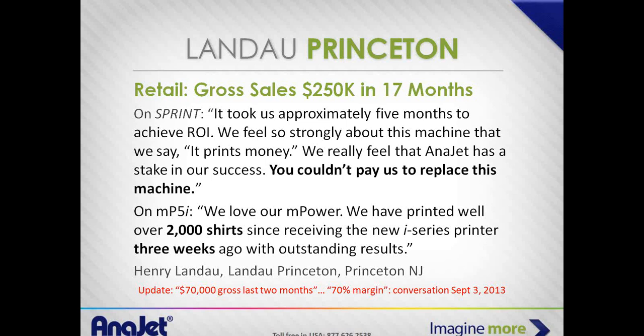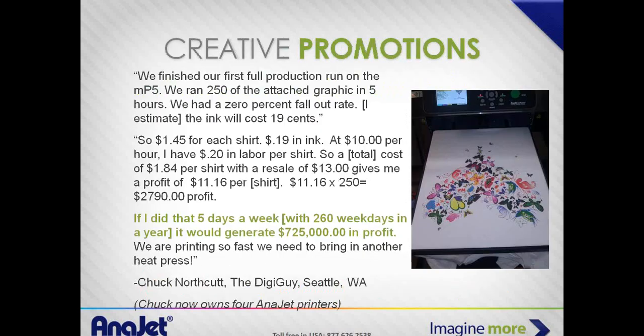That's $49,000 over a 2-month period of time. This is a retail bookstore across the street from Princeton University. It's been in his family for over 100 years. And they put this printer in thinking they might be able to add some additional revenue to the business. He could not believe how much additional revenue he added to the business.